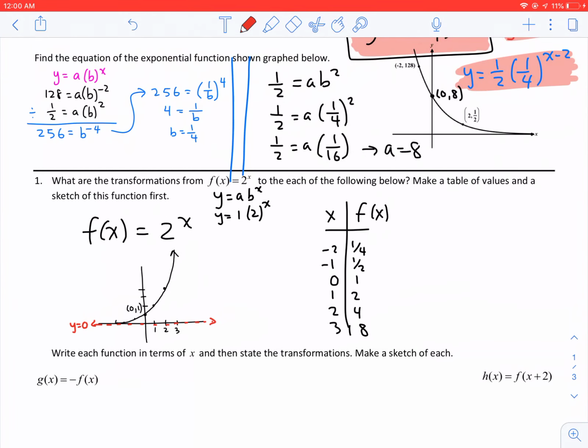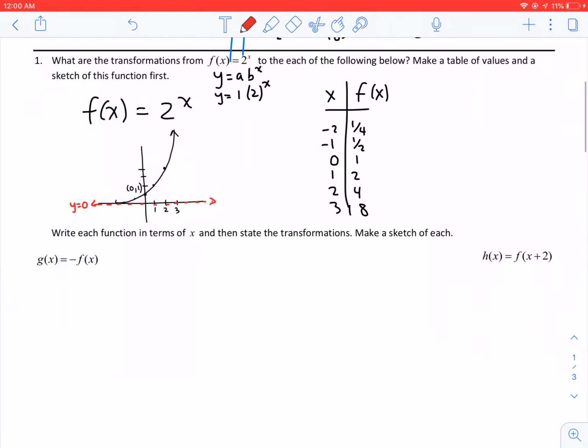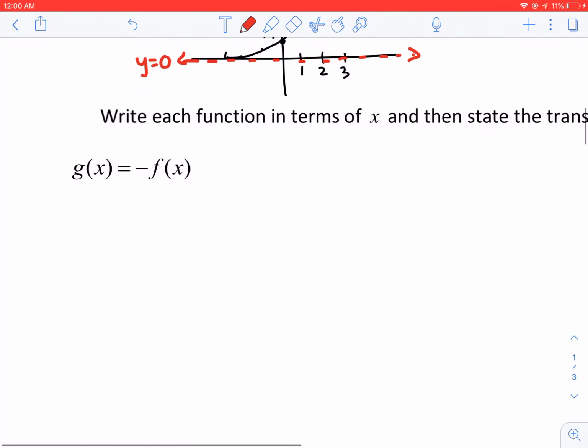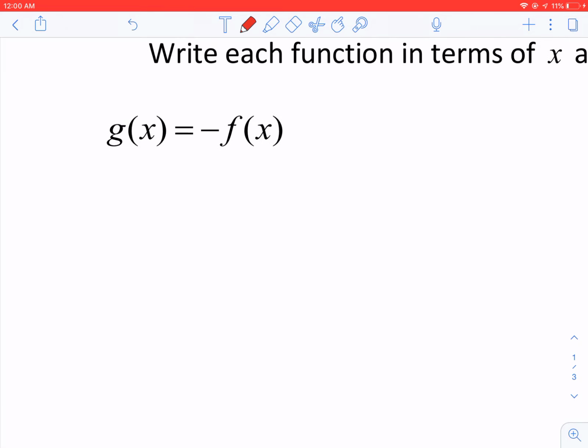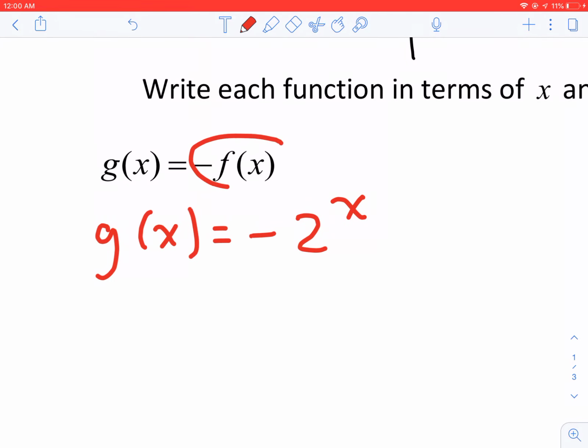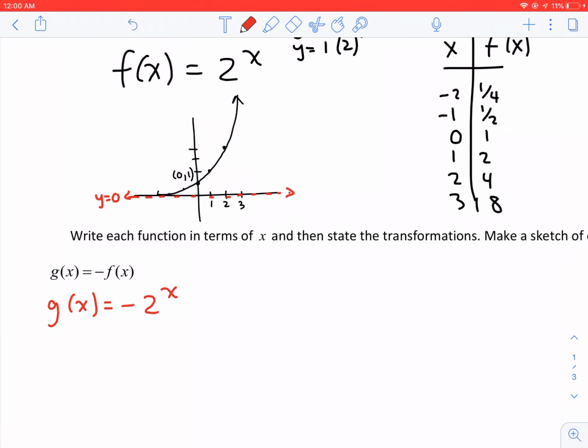All right, so we're going to make this our parent function here, and then we're going to do some transformations to it. So knowing what we know about transformations, if g of x is equal to negative f of x, what we're graphing is g of x equals negative 2 to the x power, right? And remember, when we negate a function, what we're doing is negating all of the y values.